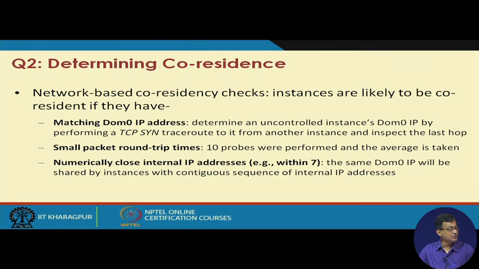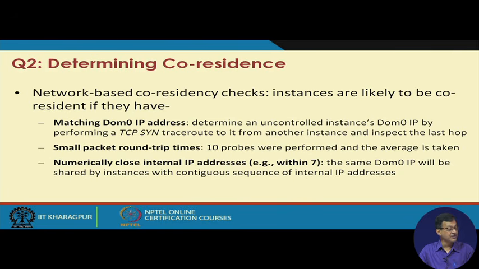So, in network based co-residency checks, instances are likely to be co-resident if they have matching Dom0 IP addresses, as you have seen that domain 0 is primarily doing the management part. Small packet round trip times will be small if they are in the same block.